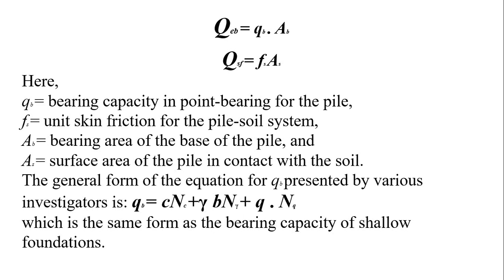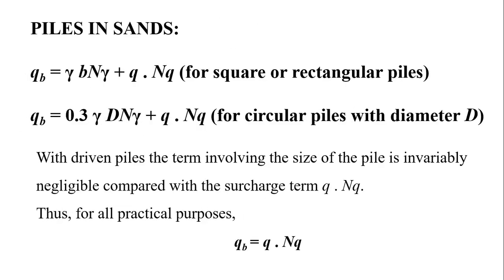The generalized equation we will adopt to calculate the ultimate bearing capacity of the foundation is cN_c plus gamma B N_gamma plus qN_q for shallow foundations. If we are adopting pile foundations in sands, c will become 0. Here, the ultimate bearing capacity in the case of a square or rectangular foundation is gamma B N_gamma plus qN_q.